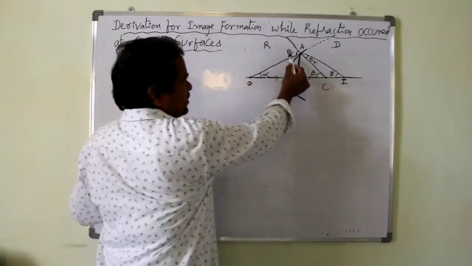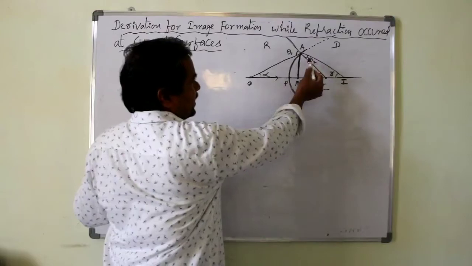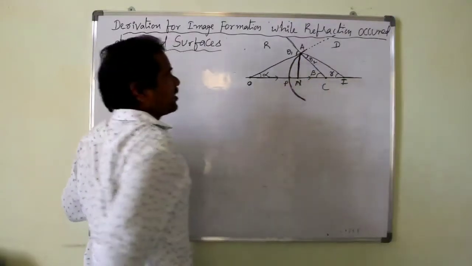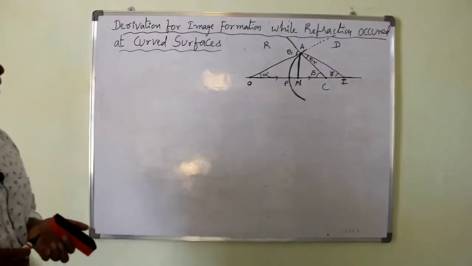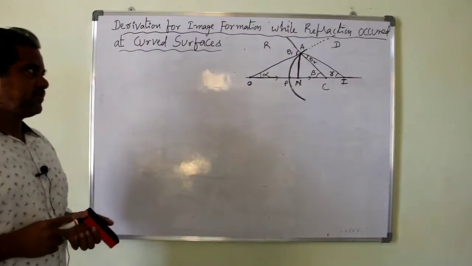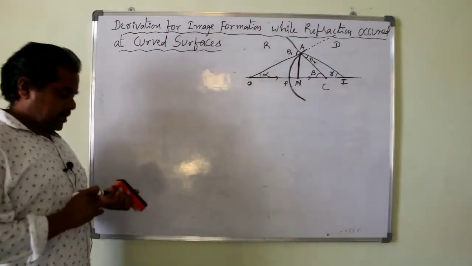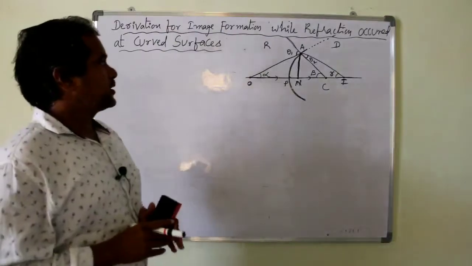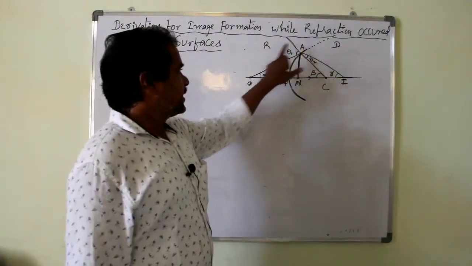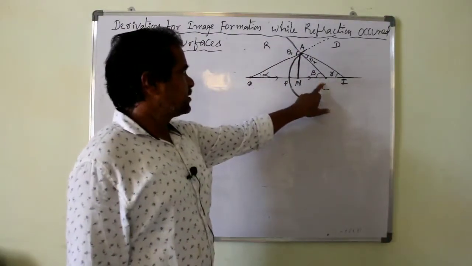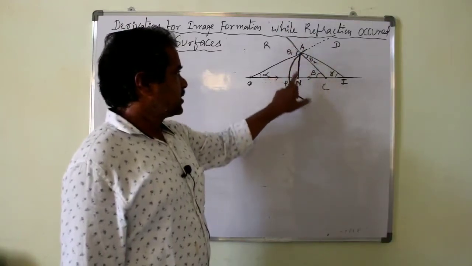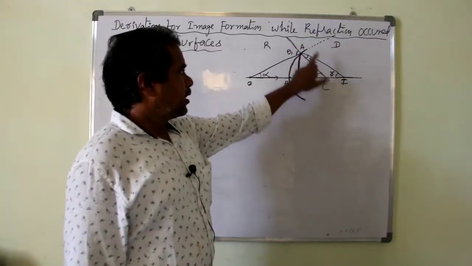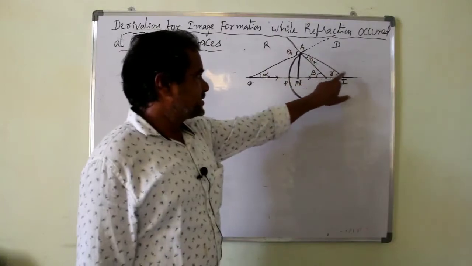Here theta 1 is the incidence angle and theta 2 is the refraction angle, or angle of refraction. Here many triangles are formed. One is AOC, another one is ANB, and another one is ACI.